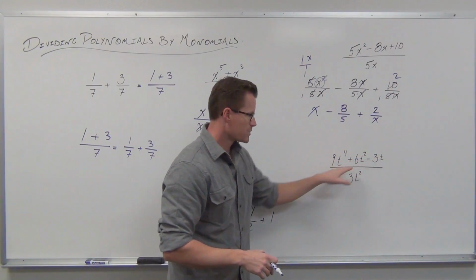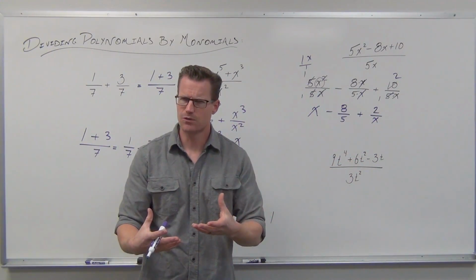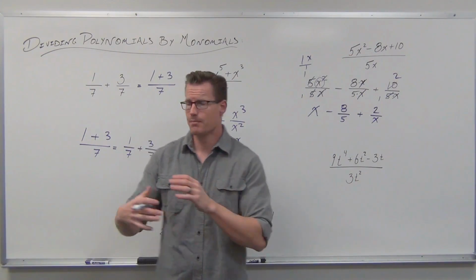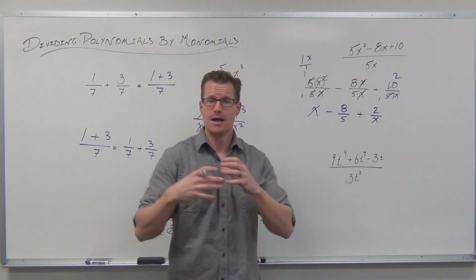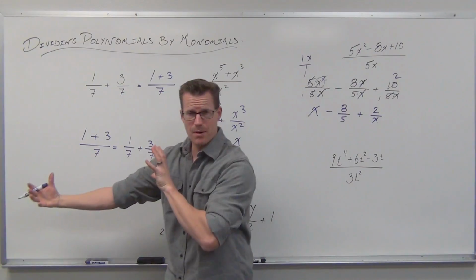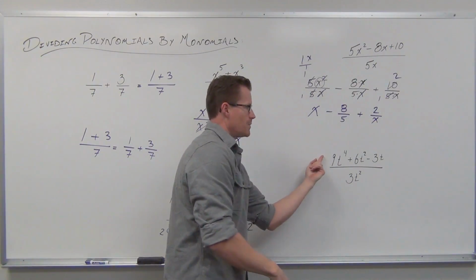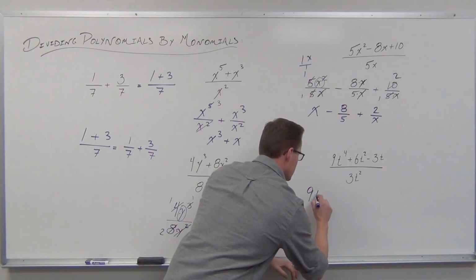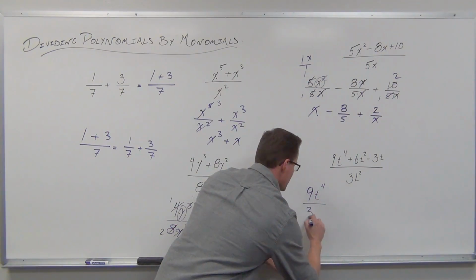So we have 3 terms divided by 1 term. That's when this takes over. When we have a polynomial divided by a monomial, we know that by the nature of having a common denominator, I can put fractions together, which means I can split them up by a common denominator. I can split up for every term that I have on the numerator. Your denominator never changes.